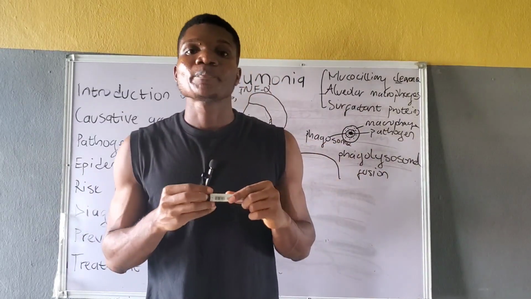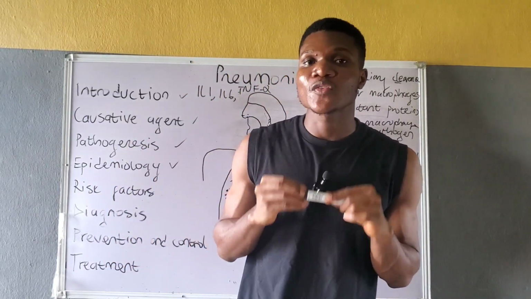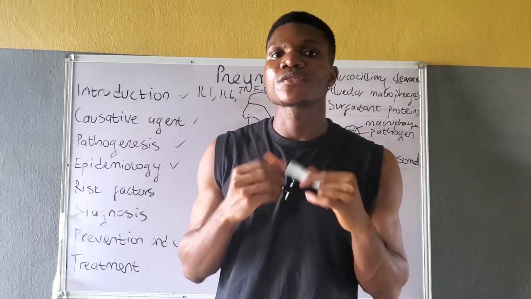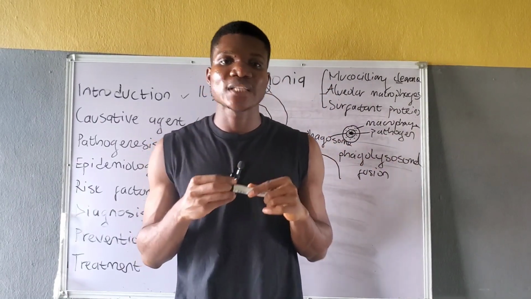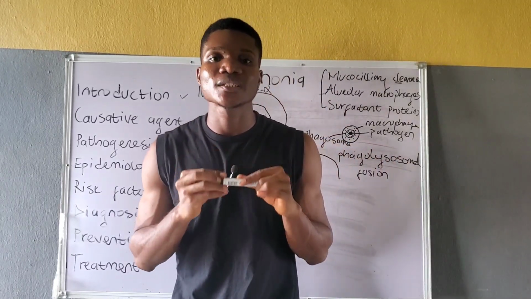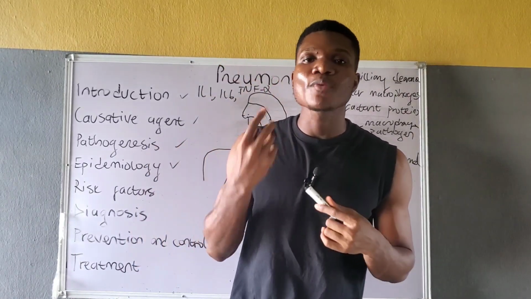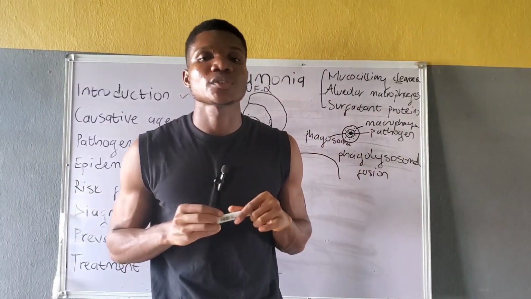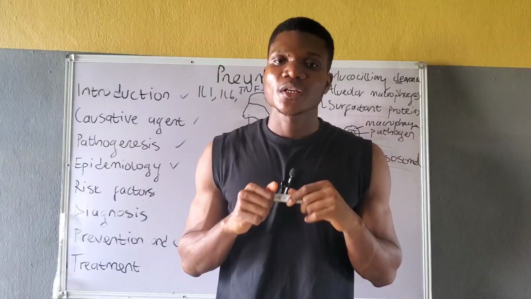Also, being a patient of a chronic disease such as asthma, heart failure, chronic obstructive pulmonary disease, diabetes mellitus, among other chronic infections, increases or predisposes an individual to coming down with pneumonia. Also, malnutrition as well as immunosuppression.